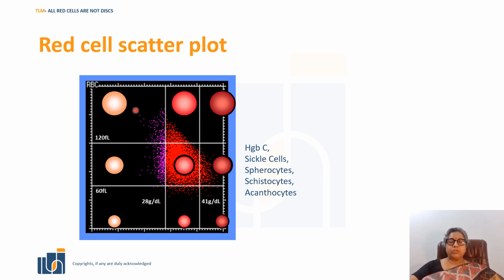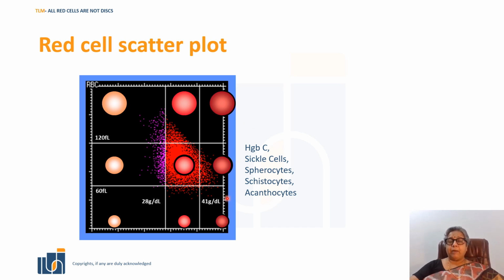Here you have macrocytes. Here you have microcytes. I'm sorry, hypochromic macrocytic, normochromic macrocytic, and this will become hyperchromic macrocytic. Normocytic normochromic, normocytic hypochromic, normocytic hyperchromic. Microcytic normochromic, microcytic hypochromic, microcytic hyperchromic.